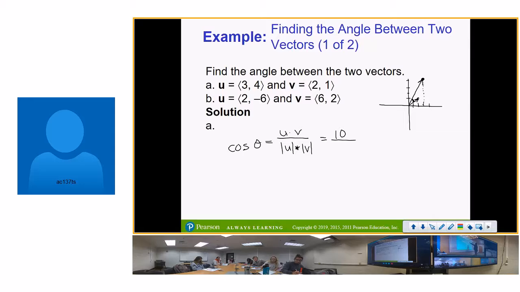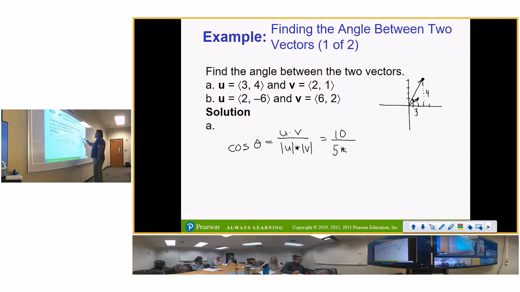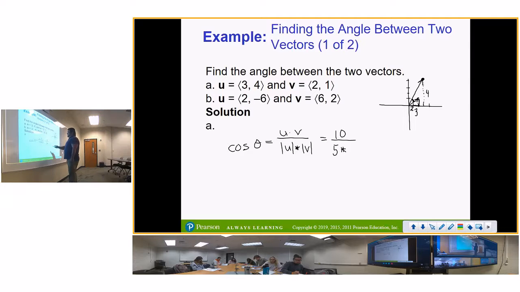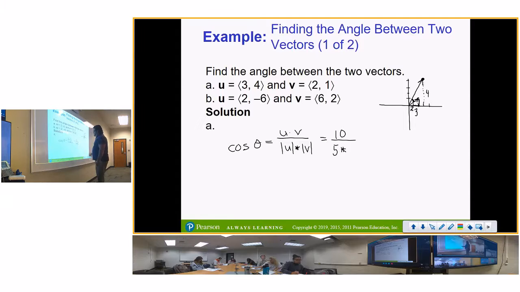Our y on the 3, 4 is what? 4? And 3 squared is 9. 4 squared is 16. 9 and 16 is 25. So 5. And then we got, right here, we got 2 and 1. 2 squared is 4. 1 square root of 5. Right? Somebody check me.